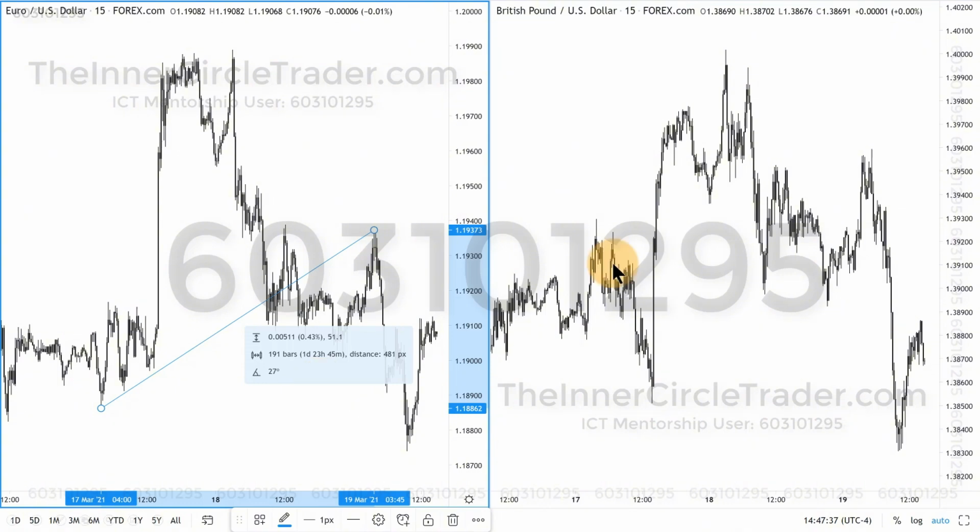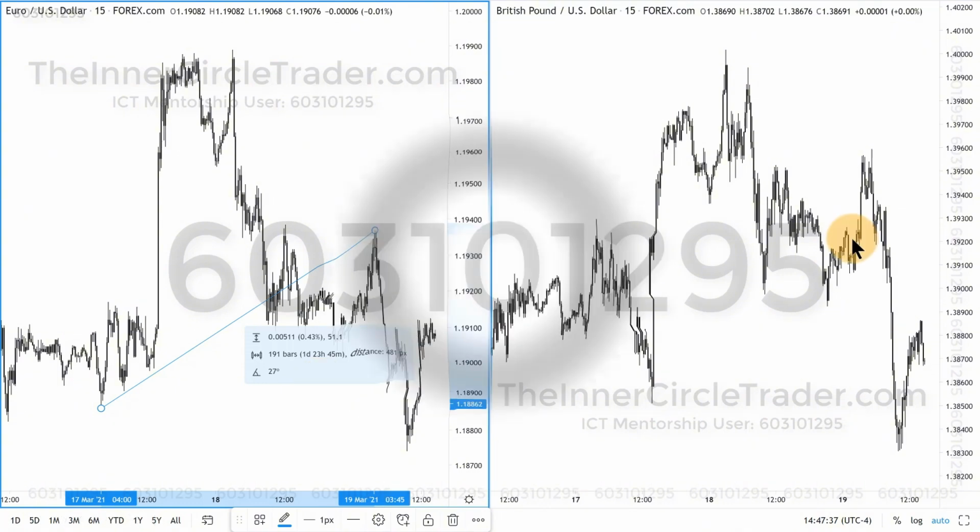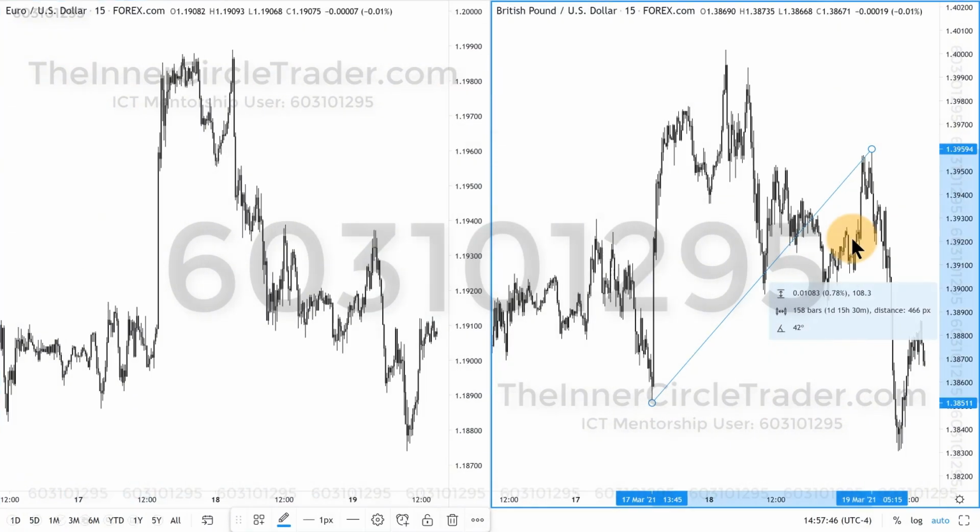But if you look at cable, its high, where it diverged, to that same low, it's 108 pips, or 108 and 3 pipettes. Which pair offers the most in terms of potential?